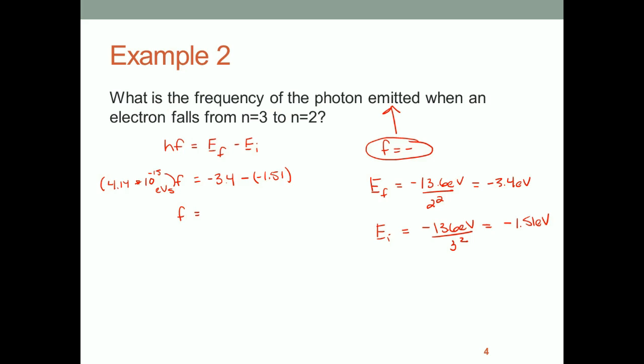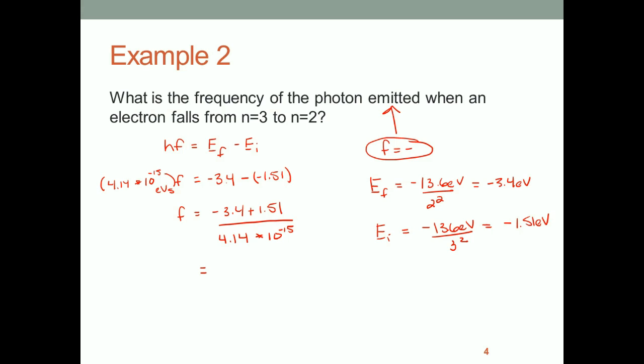So f is going to equal negative 3.4 plus 1.51, all divided by 4.14 times 10 to the minus 15.